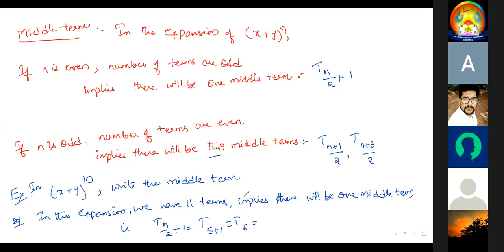Now you people know how to write T6. Just the general term: 10C5 into x power 10 minus 5 into y power 5. That is equal to 10C5 into x power 5 into y power 5.